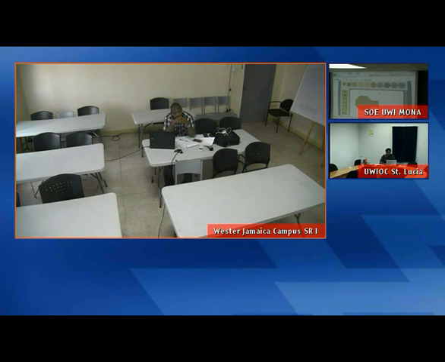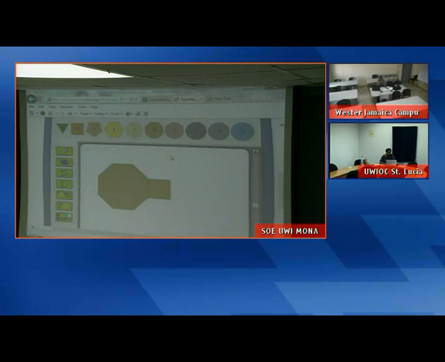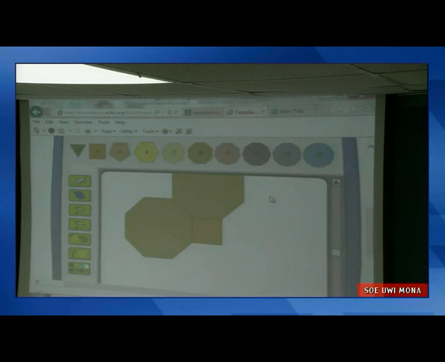Alright, what's the size of the square's angle? 90. Now, how do you get 135 and 90 to make 360? Is it possible?